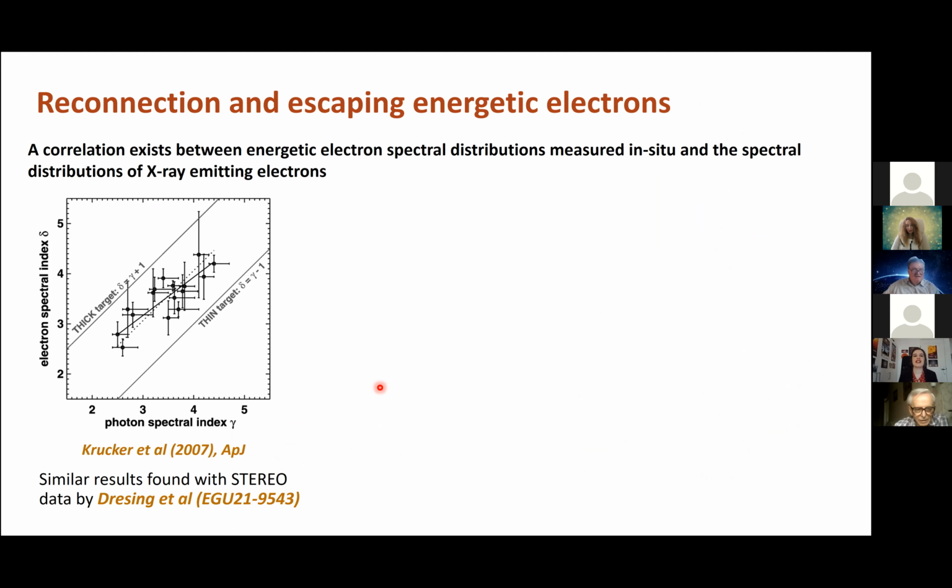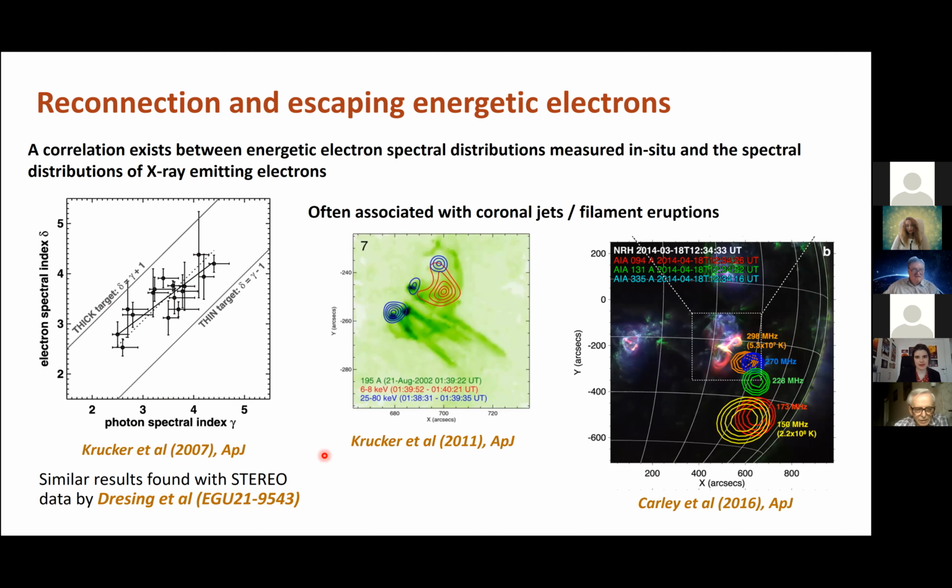And so this suggests that there is a common acceleration site and acceleration process for both of those populations. This is a paper from Krucker et al. from a few years ago that shows this correlation, but similar results have recently been found with STEREO data and presented during EGU this year.